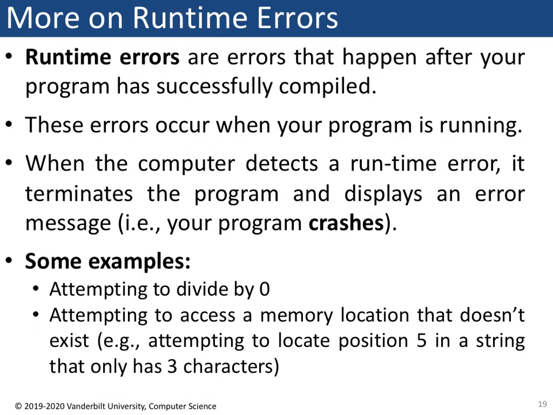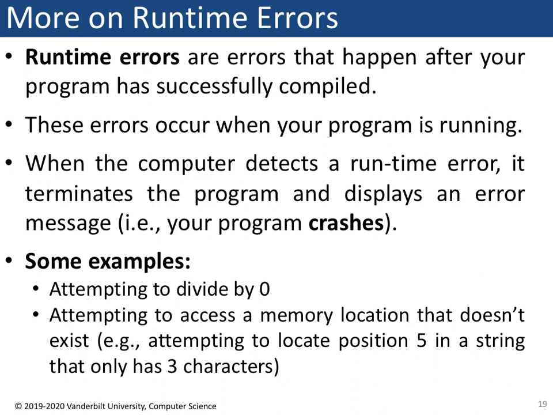We've talked some about runtime errors already. They occur at the point where the computer is running the code and something happens which the computer considers to be illegal, and this will cause the program to immediately terminate, which is called crashing, and the computer will ideally display some sort of an error message.